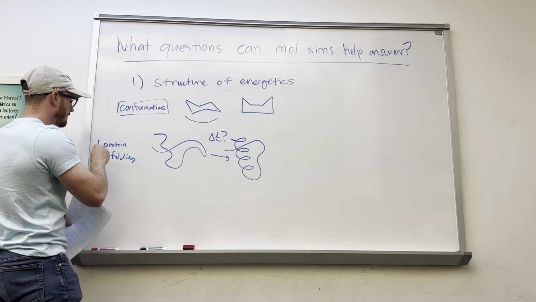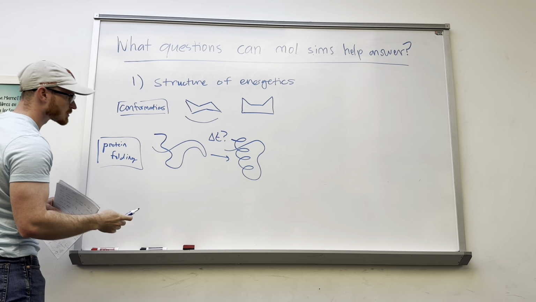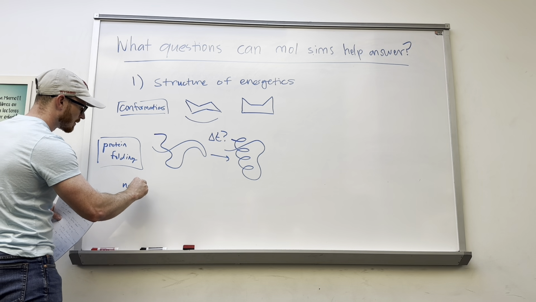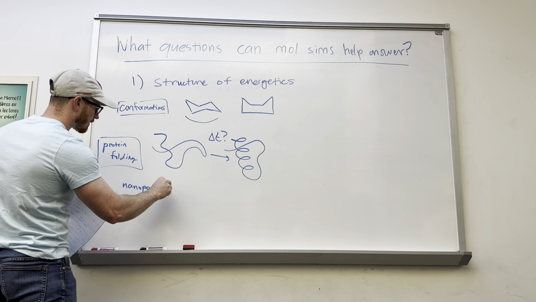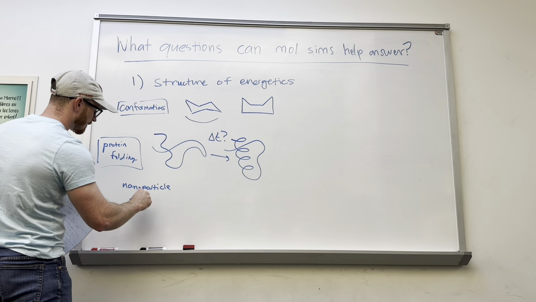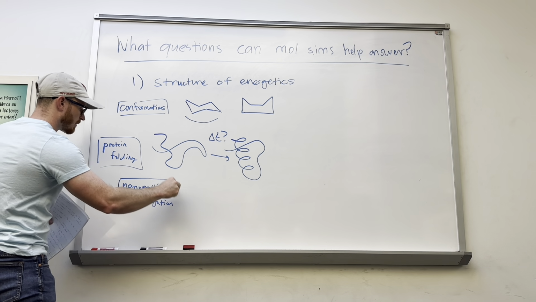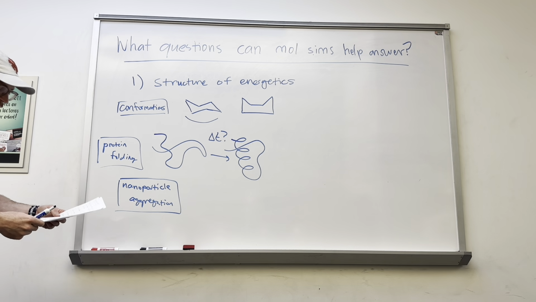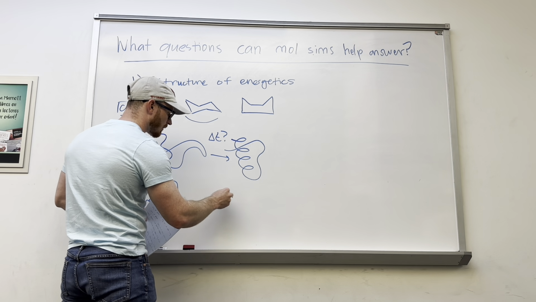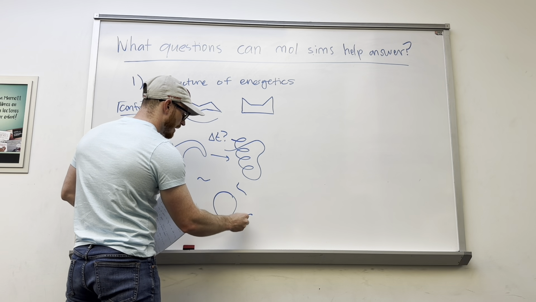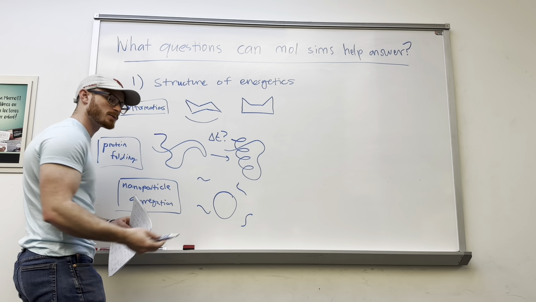And the last example I have here is we can actually study things like nanoparticle aggregation. For instance, if you have some nanoparticle in a bath of different polymers, how do these polymers go and interact with the surface?